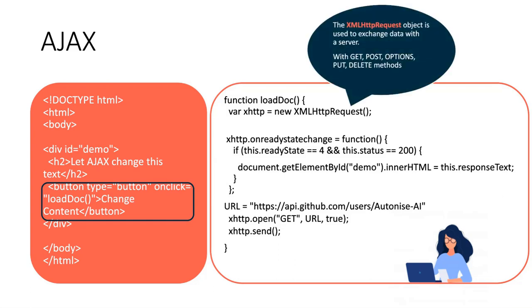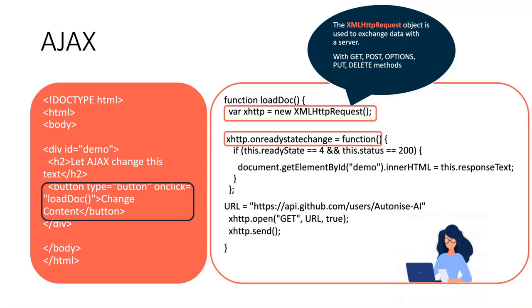Here we are using an XMLHttpRequest object. The XMLHttpRequest is used to exchange data with the server. It is a built-in browser facility. And with the new keyword, we are creating an object of it with the name xhttp. Further, we have said xhttp.onreadystatechange equals some function.